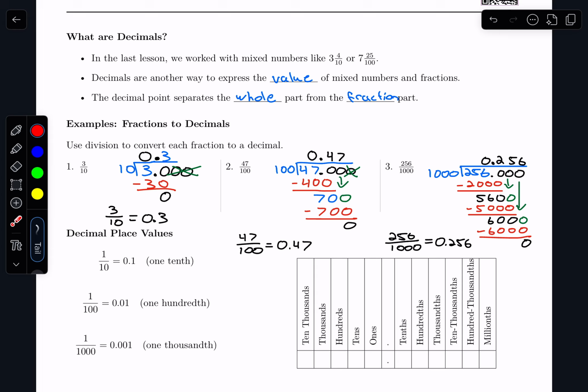So now this is going to show us why decimals are called what they are. Okay, I purposely chose powers of 10 because that's how the place values are going to be named. Notice that our first problem here, number 1, was 3 divided by 10. If we have 1 divided by 10 instead of the 3 on top, that would have given us 0.1. So instead of 0.3, we'd have 0.1. So now the name comes from this fraction.